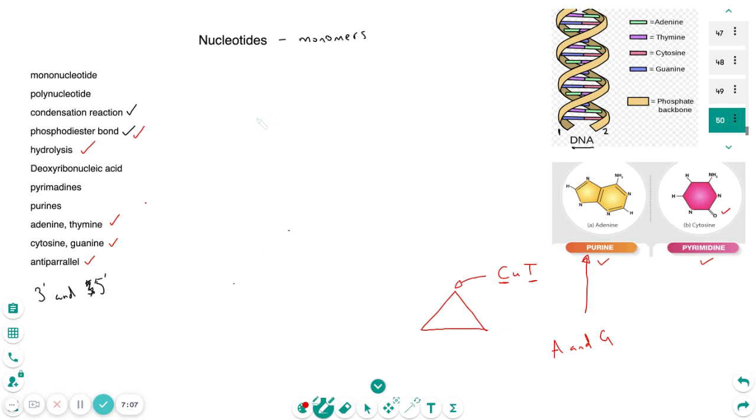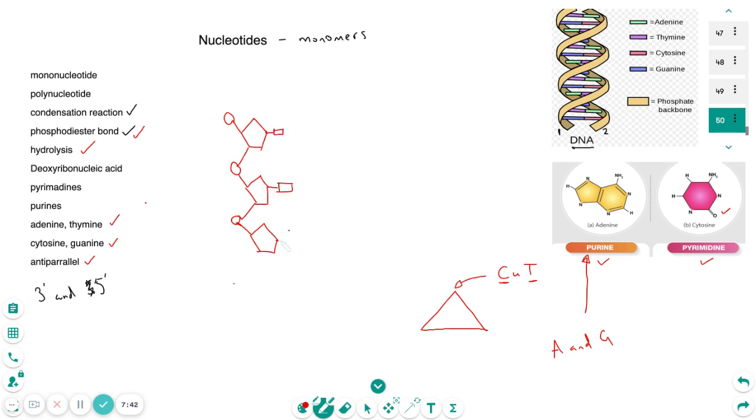While one strand is going up, think of this pentose sugar, this top bit is like an arrow pointing up. So that's pointing up, just like the last one we did. Pointing up as well. And there are our bases.